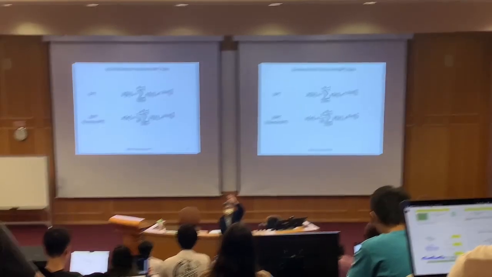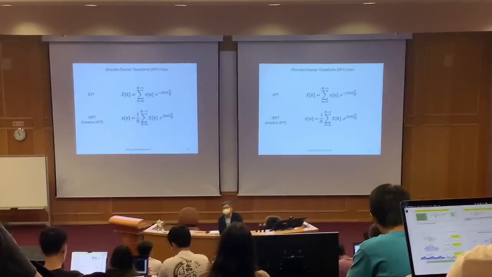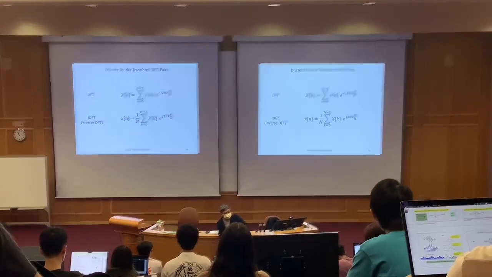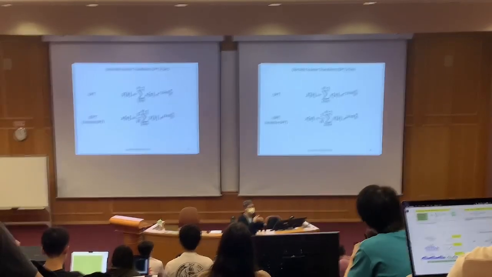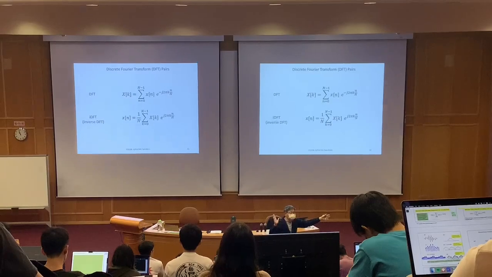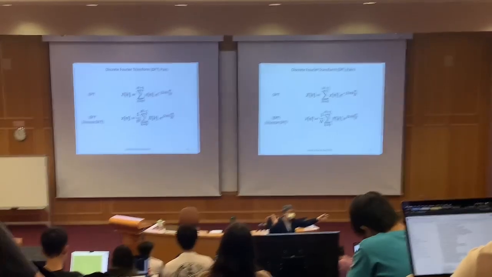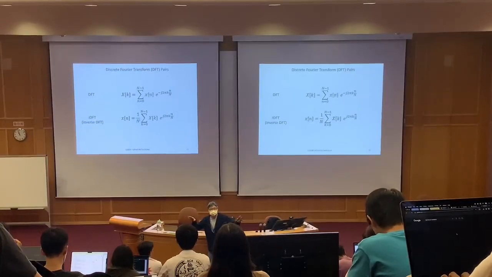And then we find that because we want to use computers to compute the Fourier transform, we have to discretize the time axis and the frequency axis. But when you do that, you go back to the requirement that our signal must be periodic.